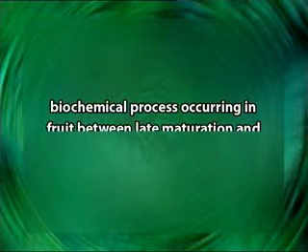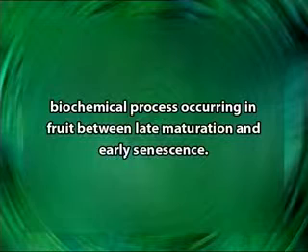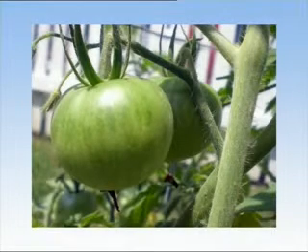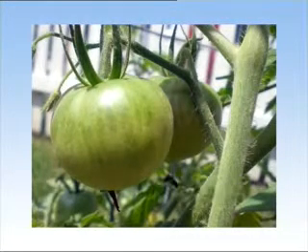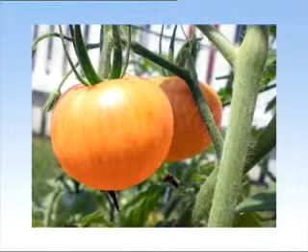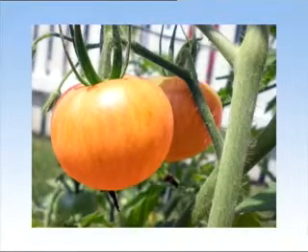Ripening is a biochemical process occurring in fruit between late maturation and early senescence. Ripening transforms a physiologically mature but often inedible plant into a visually attractive fruit with characteristic aromas and flavors. Ripening also makes the fruit more attractive to animals as agents of seed dispersal.